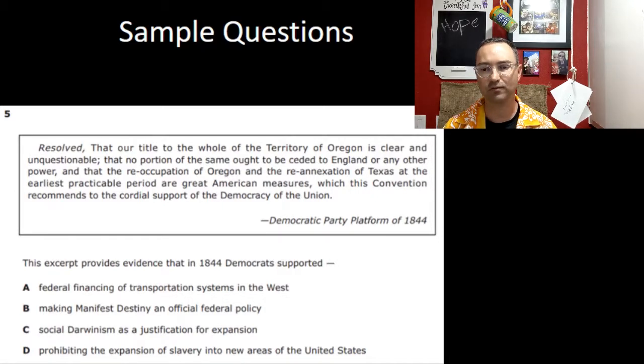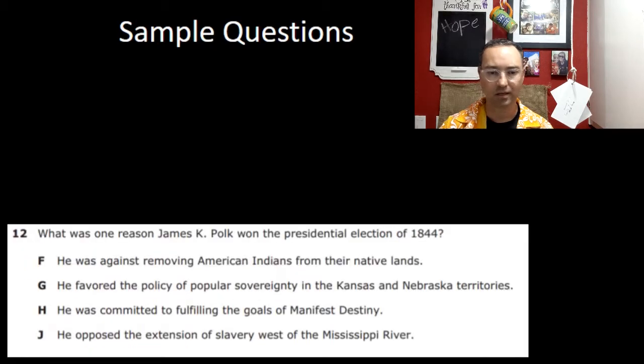So in other words, in 1844, the Democratic Party is saying, hey, we want Oregon, we want Texas, we really want everything, and we don't need to cede anything to England. So this excerpt provides evidence in 1844 that the Democrats supported what? B, making Manifest Destiny an official federal policy. So this is politics following economics.